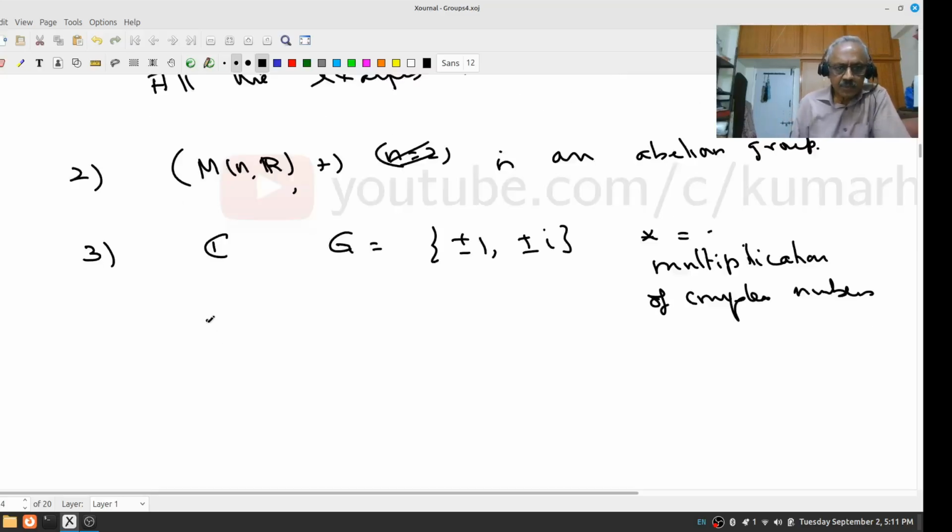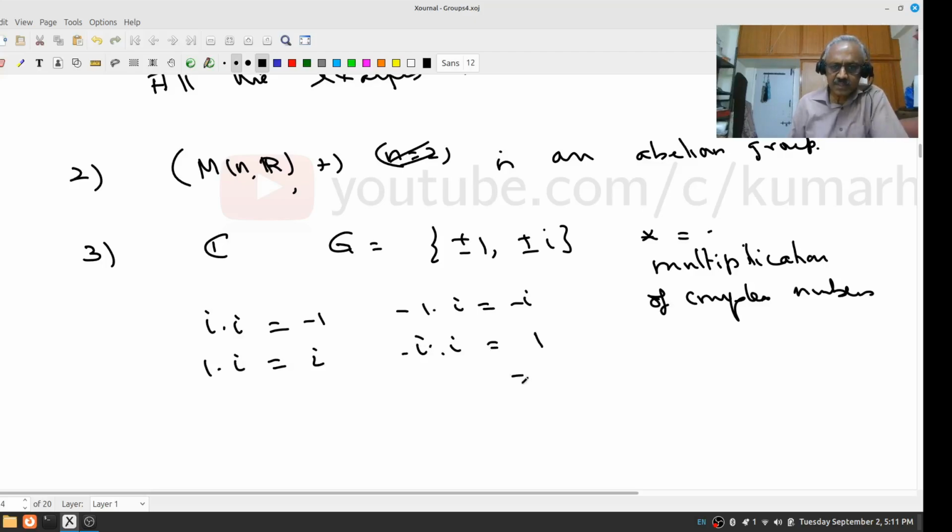Therefore we know that, for example, i times i is minus 1, and 1 times i is i, minus 1 times i is minus i. Minus i times i is 1, because this is minus of i squared, but that is minus of minus 1, therefore it's plus 1.